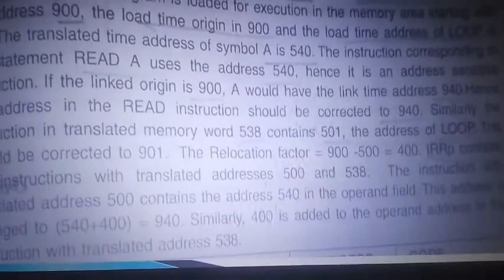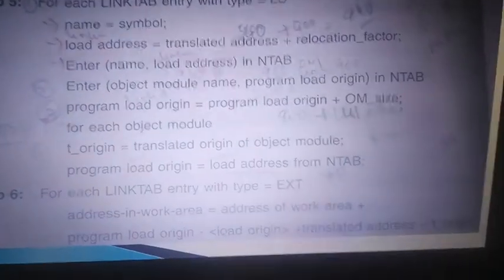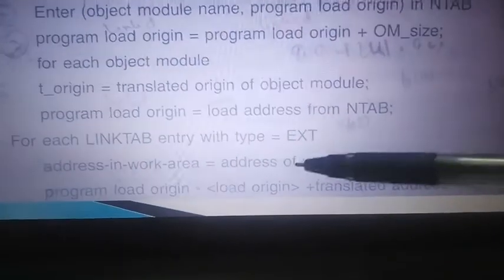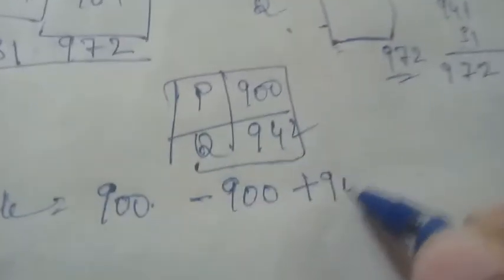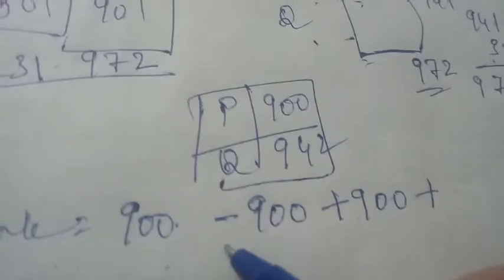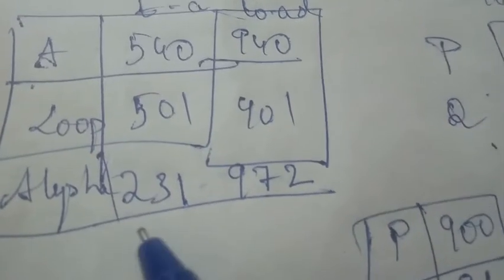So the formula tells that whenever you have an external reference, first calculate the work area. Work area is 900. Program load origin is also, what is the P program load origin? 900, plus the translation address. What is the translation address of alpha?